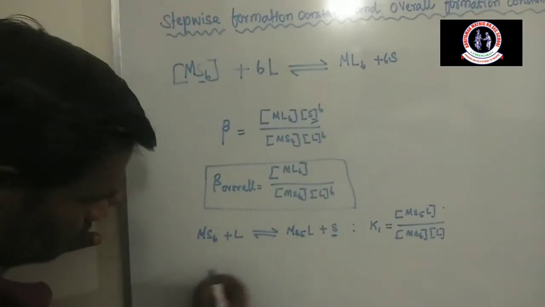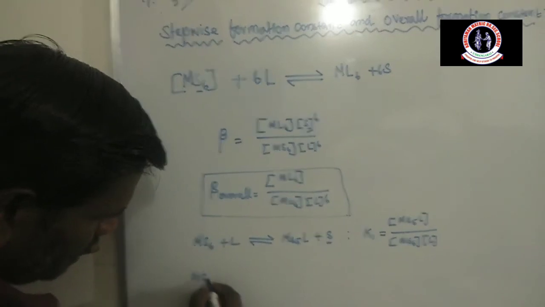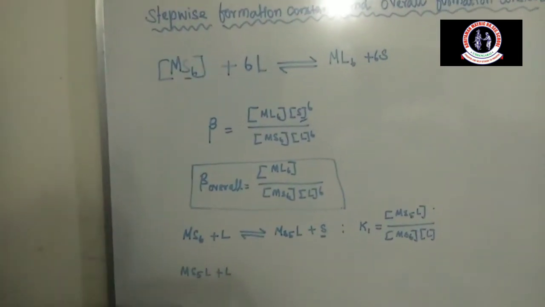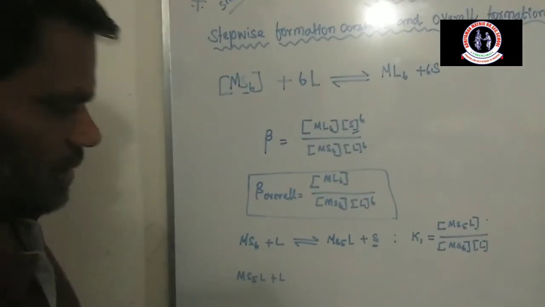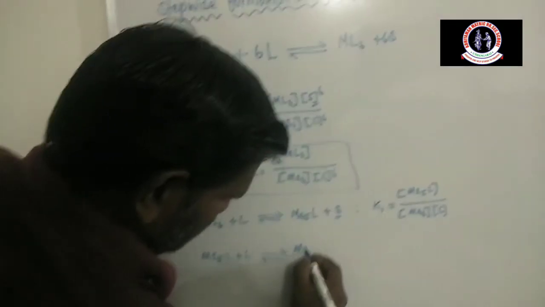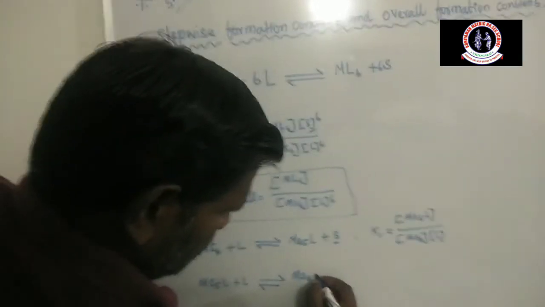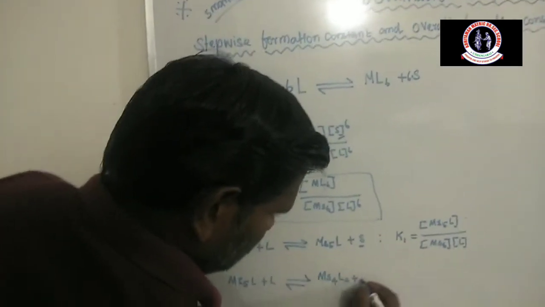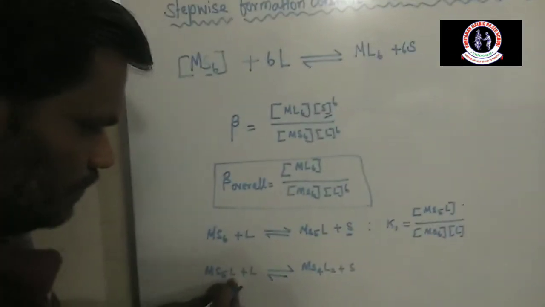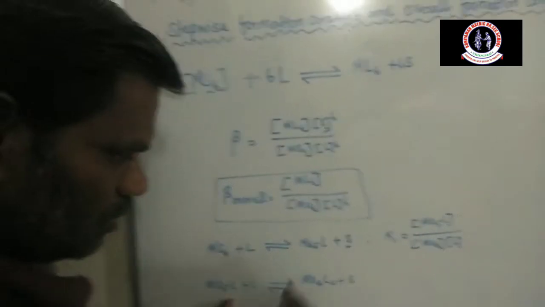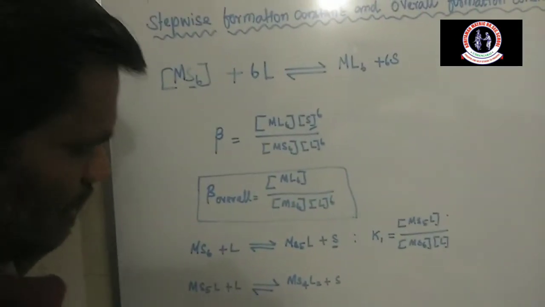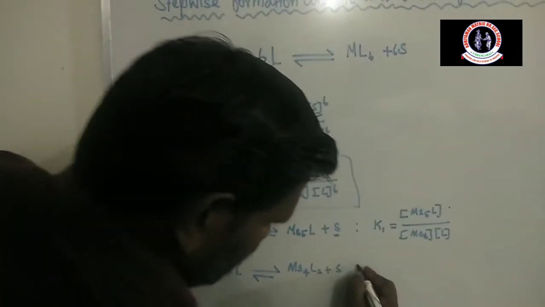Next step, MS5L plus L. Here 2 ligands are involved in the process. So we get MS4L2 plus S, because already one ligand is there, and one solvent is removed from the metal ion complex, so one more ligand is added.